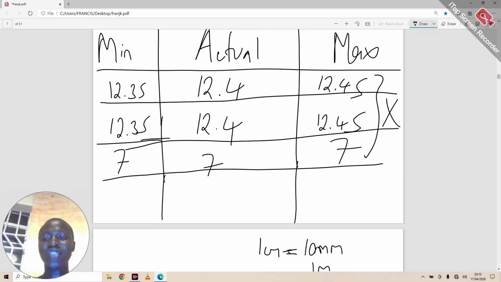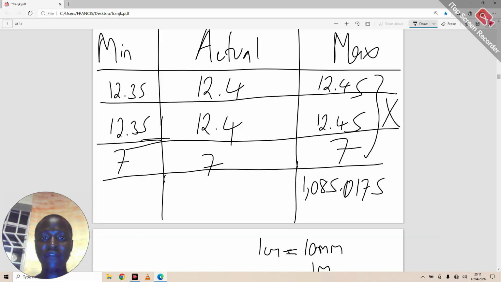Volume is the same as multiplication. So length times width times height. So 12.45 squared times 7, I shall get 1085.0175.